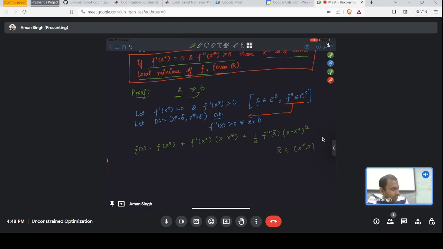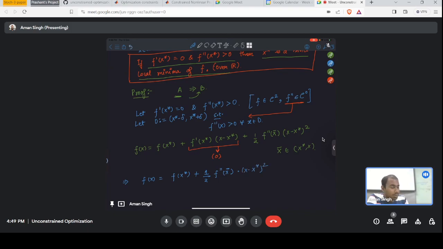This is the truncated second order series, and we have assumed that f dash x star is 0, so this term goes to 0. So f(x) equals f(x star) plus half times f double dash x bar times (x minus x star) squared.